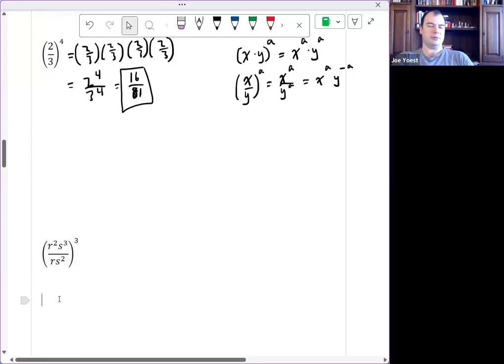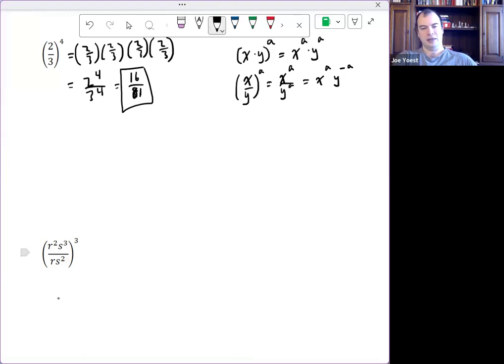And now I can think a little more abstractly. If I have something like r squared s cubed over r s squared, that's all raised to the third power, how can I simplify this? Well, one thing I might be able to do is take my numerator to the third power, divide that by my denominator to the third power.